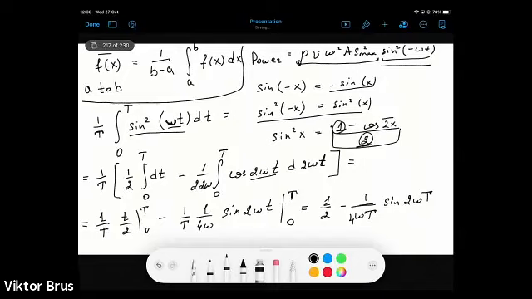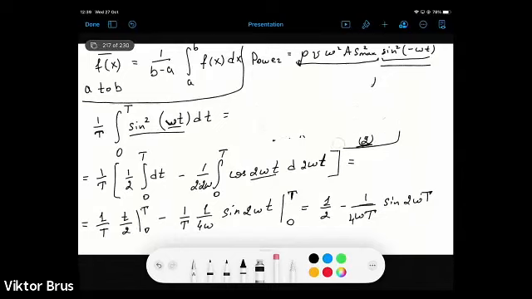And as you remember, omega equals 2 pi divided by period T, so omega times T cancels out T and we get 2 pi.